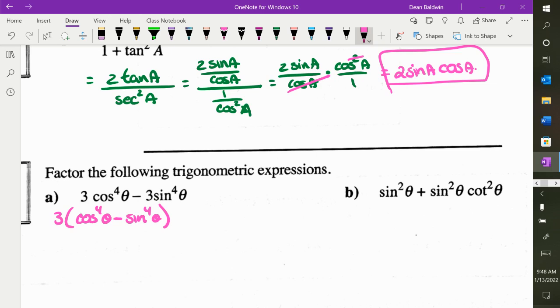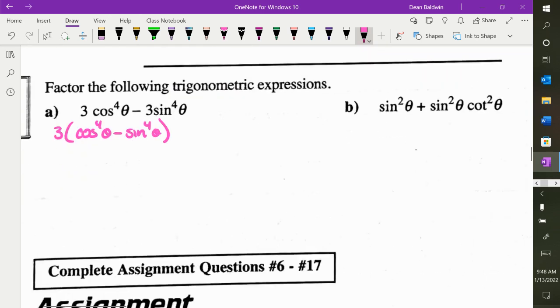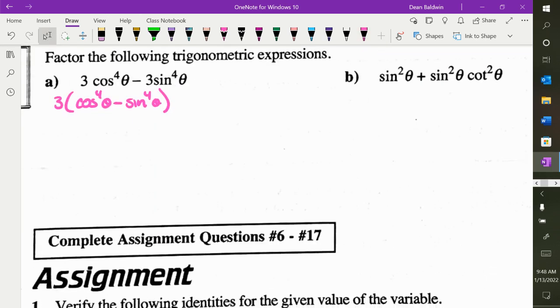It's 2 terms separated by a minus sign. Can you square root this? Yes. It's cos squared, right? Can you square root this? It's sine squared. So what you get is, so you end up with that.